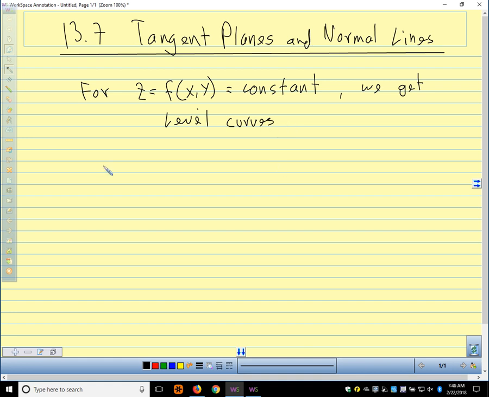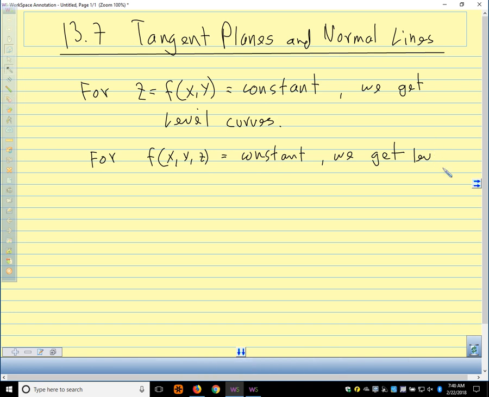Similarly, for f of x, y, z, f of x, y, z equals a constant, we get level surfaces. So every constant we set this f of x, y, z equal to, we get a different surface.